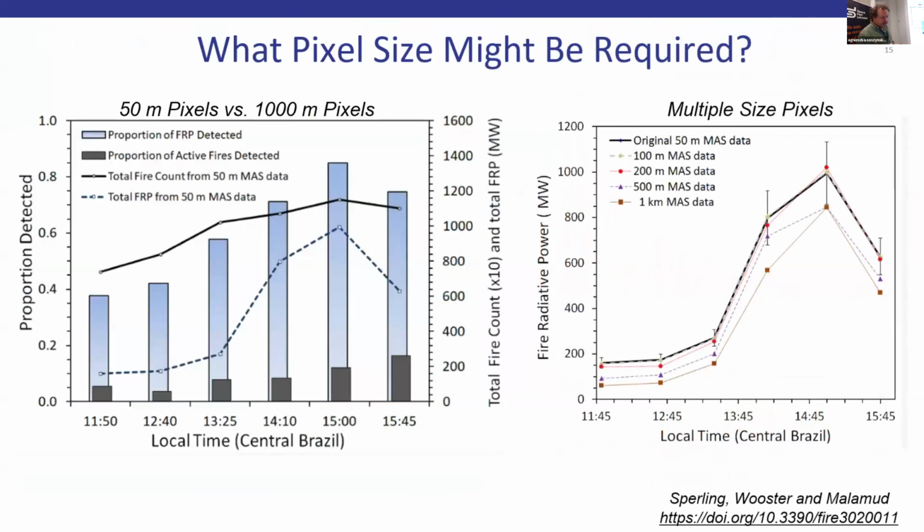We did this, and if you want to go into detail, I refer to that paper, but basically one question is: if I'm missing lots of fires because of the coarseness of the data, but I need coarse data to some degree because that gives me a high repetition rate, how big should I make my pixels if I'm designing some mission?